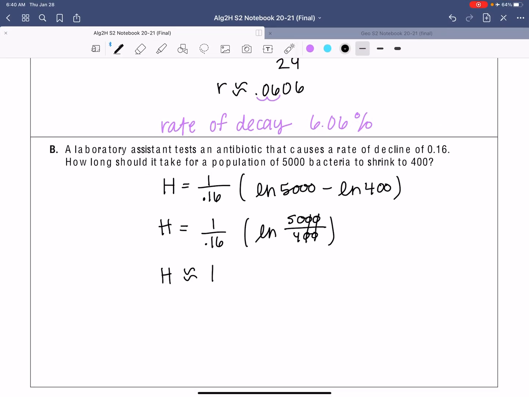So we want this in hours. Let's see if you guys can figure out, what is 0.786? How many minutes is 0.786? See if you can figure that out.